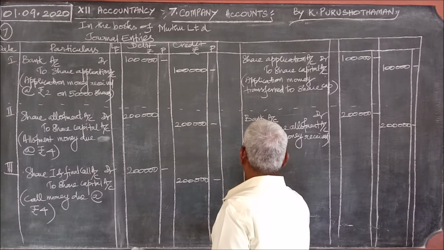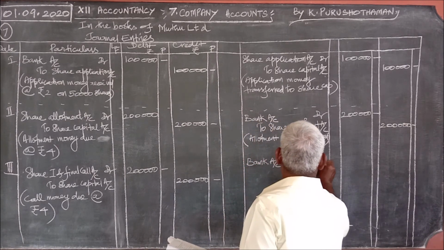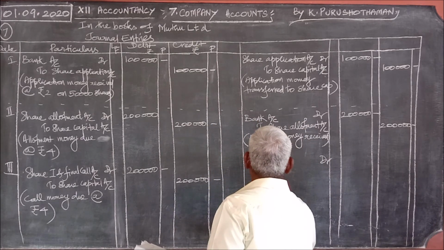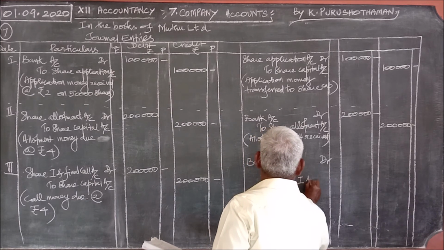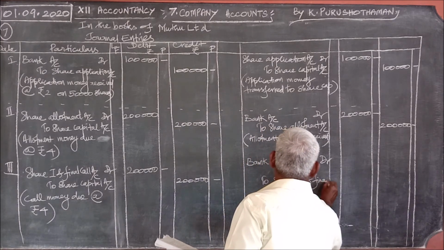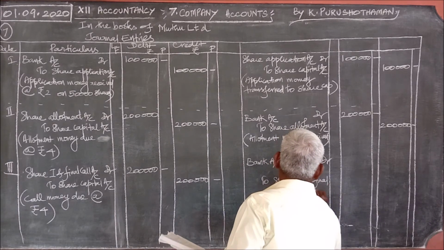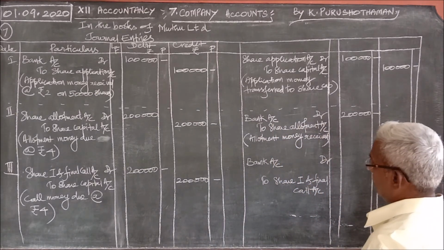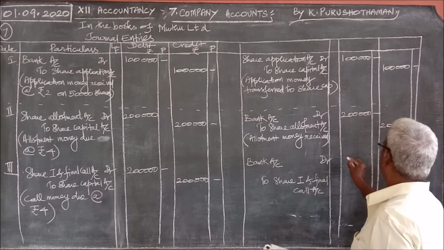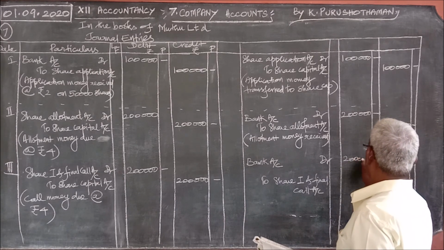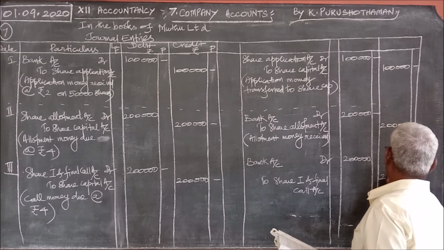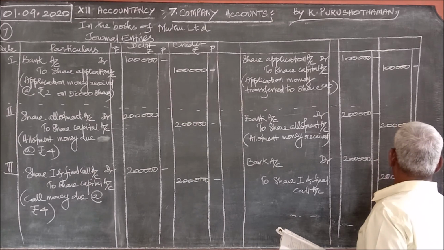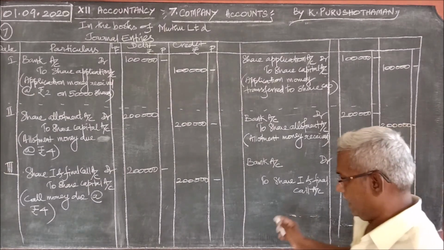Bank account debit to share first and final call account. What should be the amount here? 2 lakhs. This should be the amount.